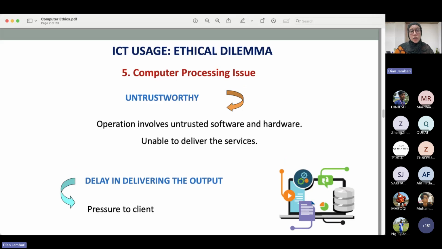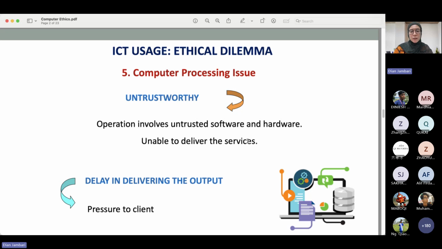And then another situation is in computing processing issues. The ethical dilemma that can happen is related to the processing of information in a setting where there's cheating to the clients, or there are actions that are considered untrustworthy. So doing the operation that involves untrusted software and hardware causes you to be unable to deliver the service.